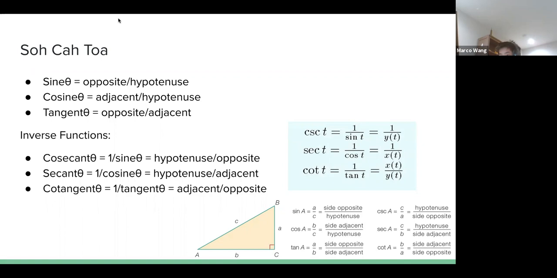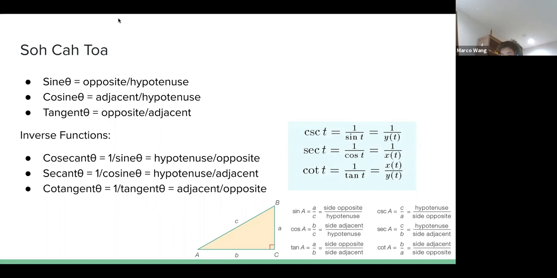Sine of an angle is equal to the opposite of that angle divided by the hypotenuse, which is why it's called SOH: sine is opposite over hypotenuse. For cosine, it's adjacent over hypotenuse, and for tangent, it's opposite over adjacent.